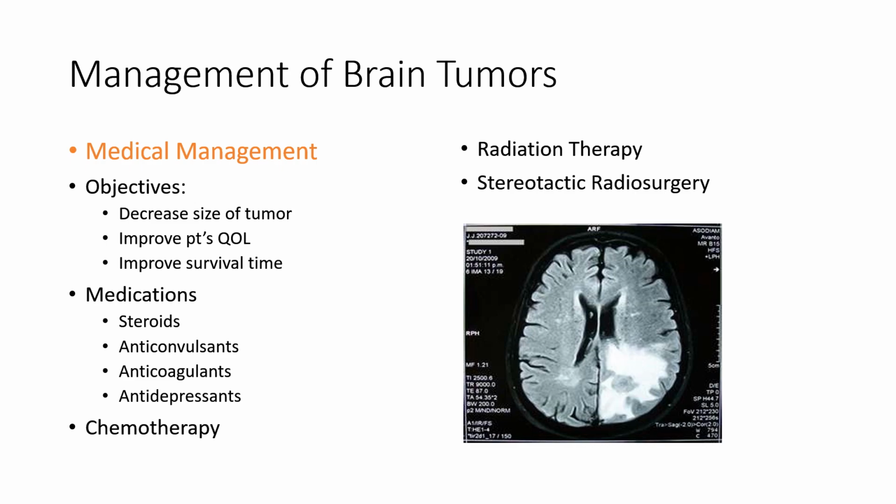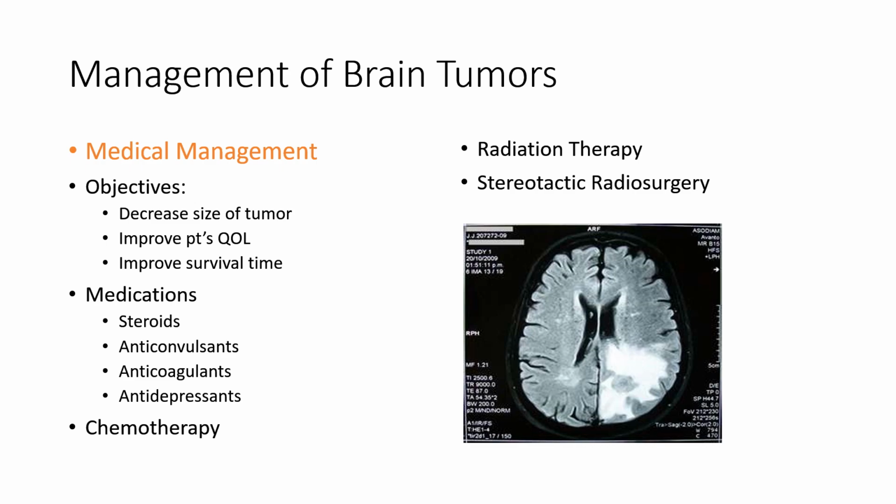Medical management of brain tumors has a couple of objectives. We want to decrease the size of the tumor. We want to improve the patient's quality of life and improve their survival time. Medications that may be used are some of the same ones we talked about with head injury. They may have steroids, Decadron, to decrease their cerebral edema and help their headache.